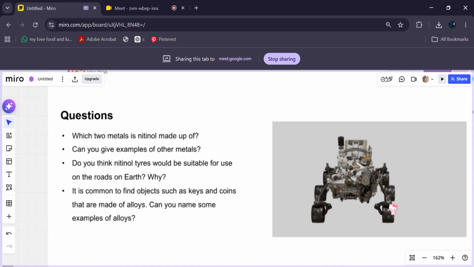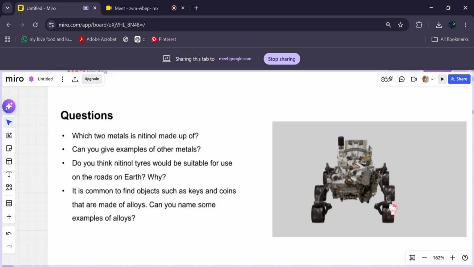So nitinol was created. It was an alloy made of nickel and titanium, and it helped solve the problem of damaged tires. This alloy has a unique property that helps the tires roll over sharp rocks and become deformed, but they can return to their original shape.